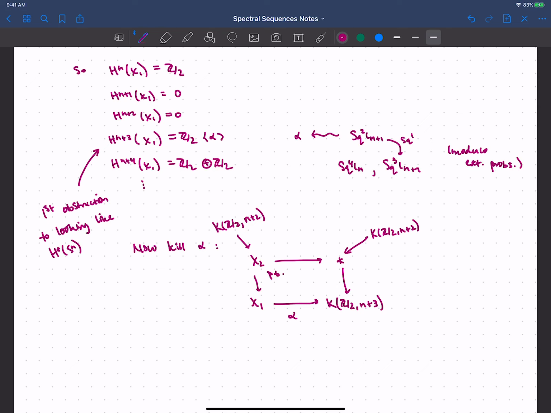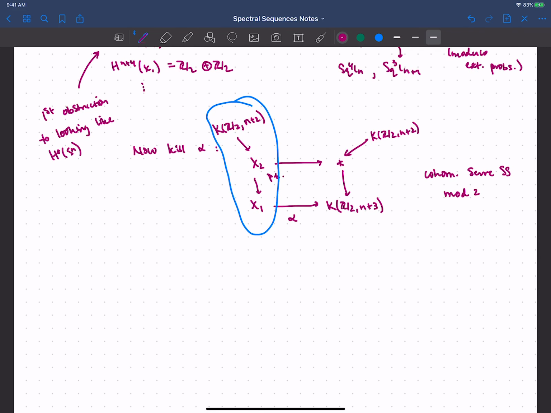Okay, and now we'll look at this fibration that we've just created and run the cohomology Serre spectral sequence, mod 2 of course. And this X2 will be a better approximation. So the claim is that this will exactly kill off this class alpha. So let's see how that goes.